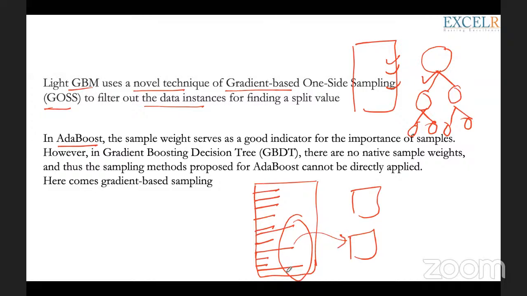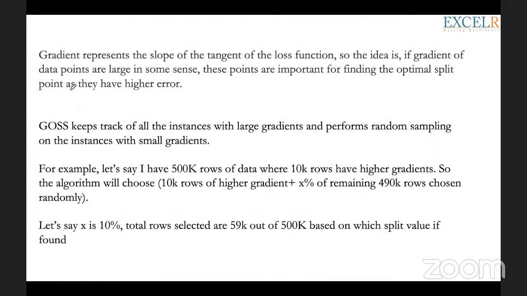But how would these data points be identified? These are highly wrongly classified data points, and they would be identified by this method, GOSS, gradient based one-sided sampling. Let us see what is this gradient, the one-sided sampling. The gradient is slope, right? The gradient represents the slope of the loss function.